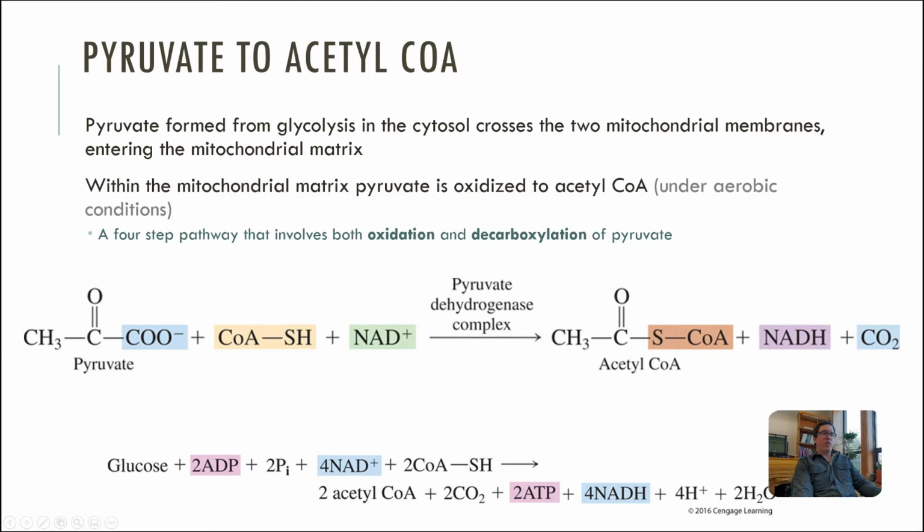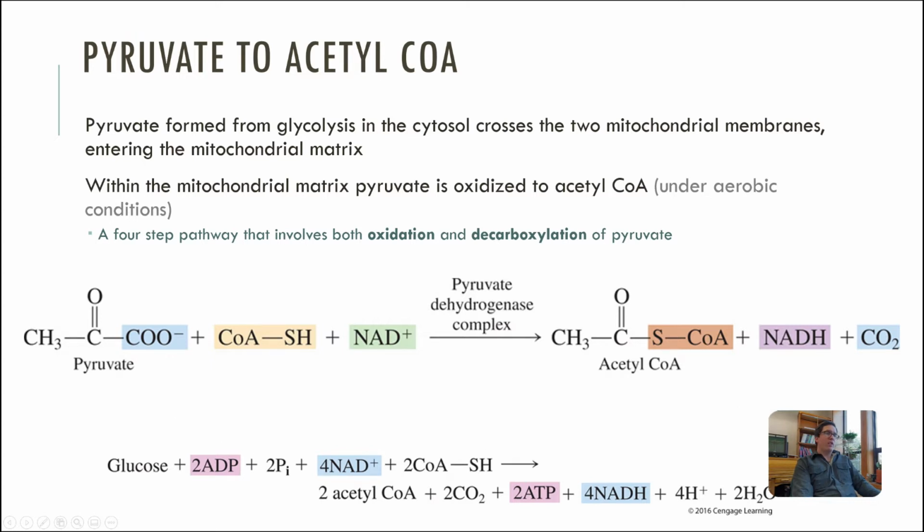It's got that minus charge because we're at physiological conditions. If we had this proton here, this would be pyruvic acid, but because of the local pH conditions, it's going to be deprotonated. In any case, we are shuttling electrons over to NAD plus to make NADH, attaching the coenzyme A molecule, and generating a CO2.